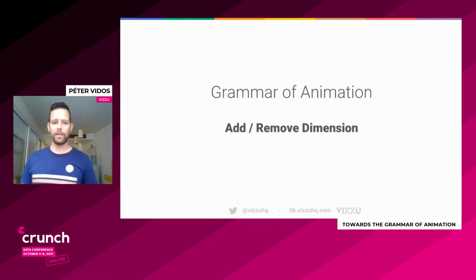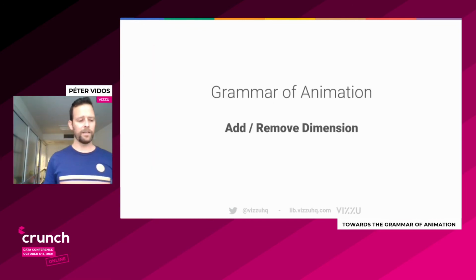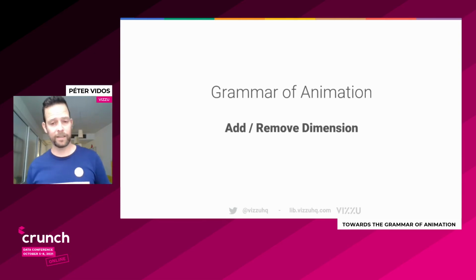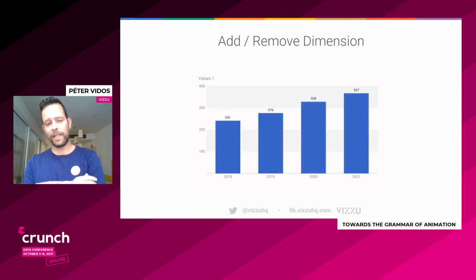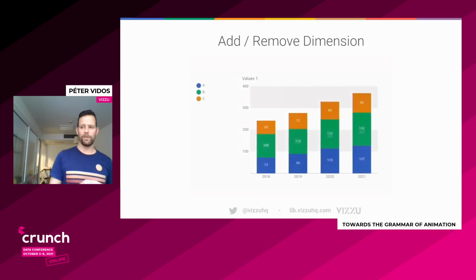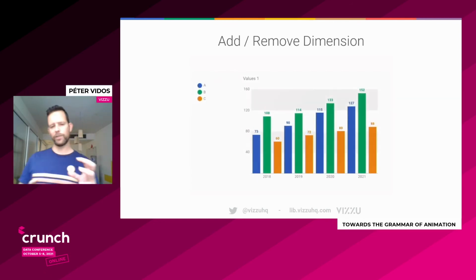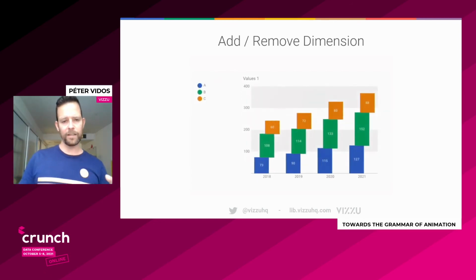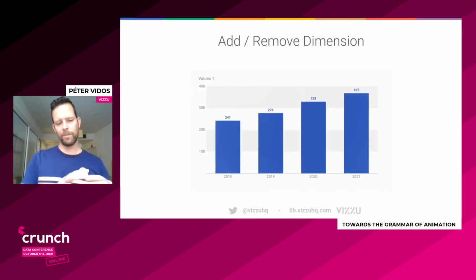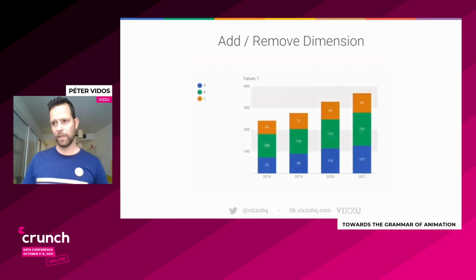Okay, another example, something that happens all the time when you're using charts, especially animated charts, is that you add or remove a dimension, meaning adding or removing categorical data series. When you do that, it should first separate the markers where they are, and then the markers can move to their new position.